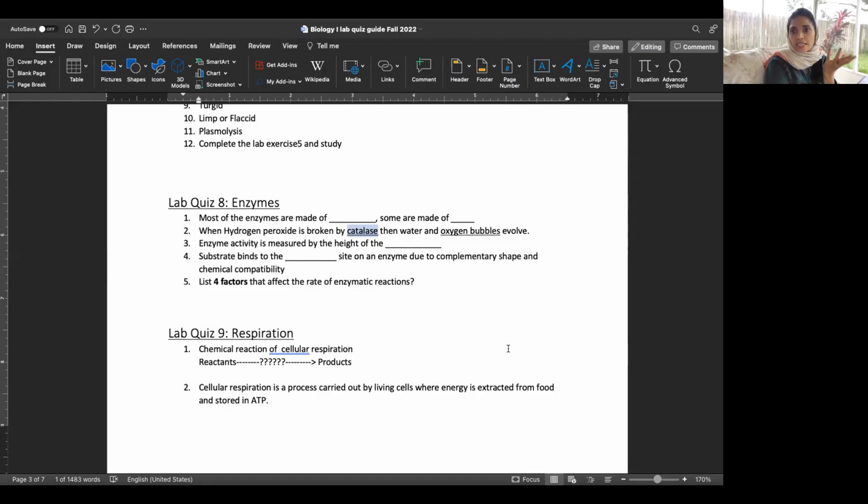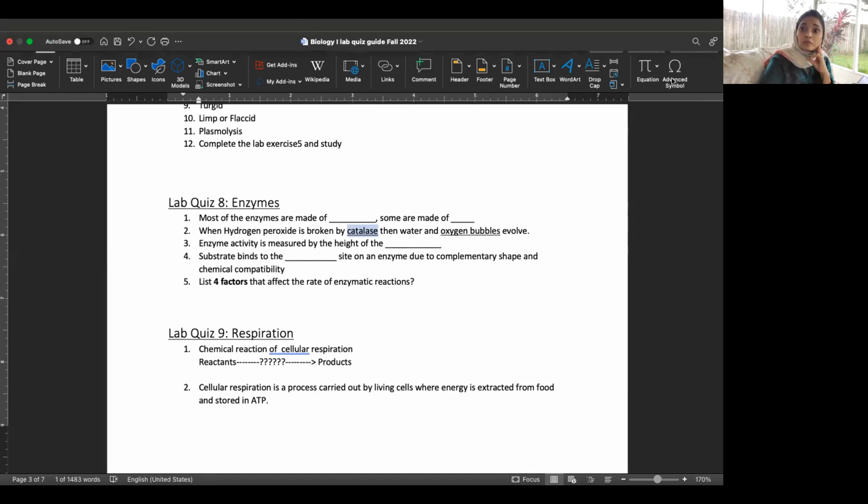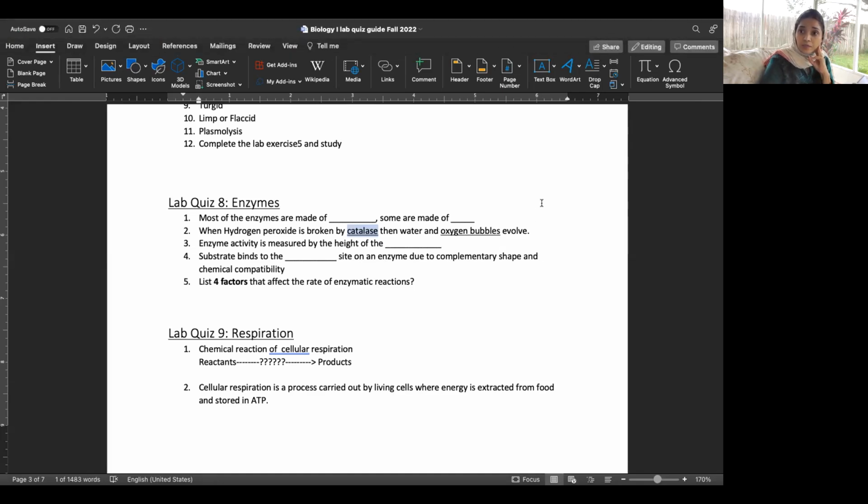The end in ASE. What are the other suffixes that enzyme names end in? Does anyone know? Yes, Joanna. They end in ase, in, and there's something else. Zyme. Zyme. No worries.